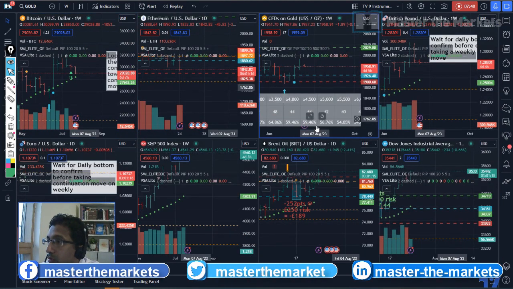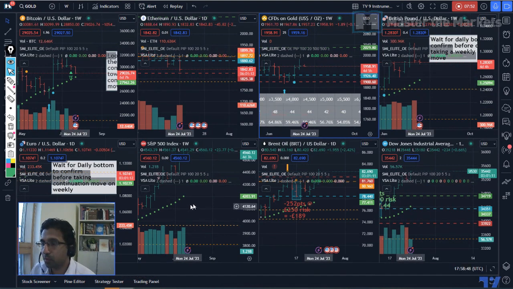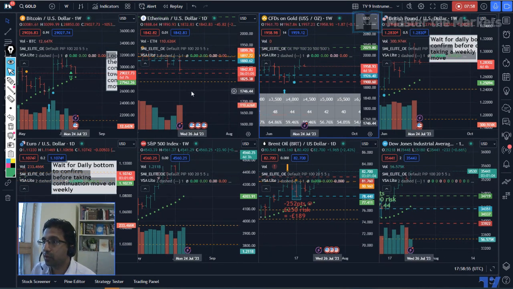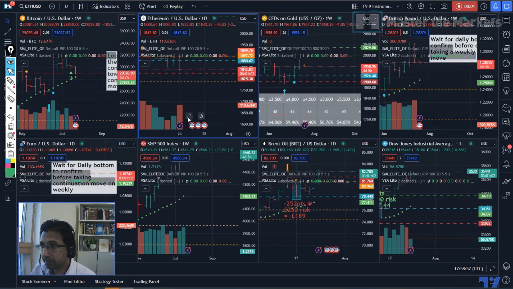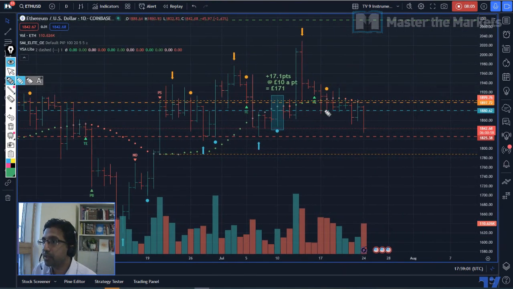So on gold, we have, actually let me go on to the closed positions first. Then we will look at the open positions. So in terms of the closed positions, we've got Ethereum, right? If you guys remember, we took basically where the rectangle was, on the close of that bar, where the blue line is, 188.62, stop loss for here, and then we only exited when the top confirmed.